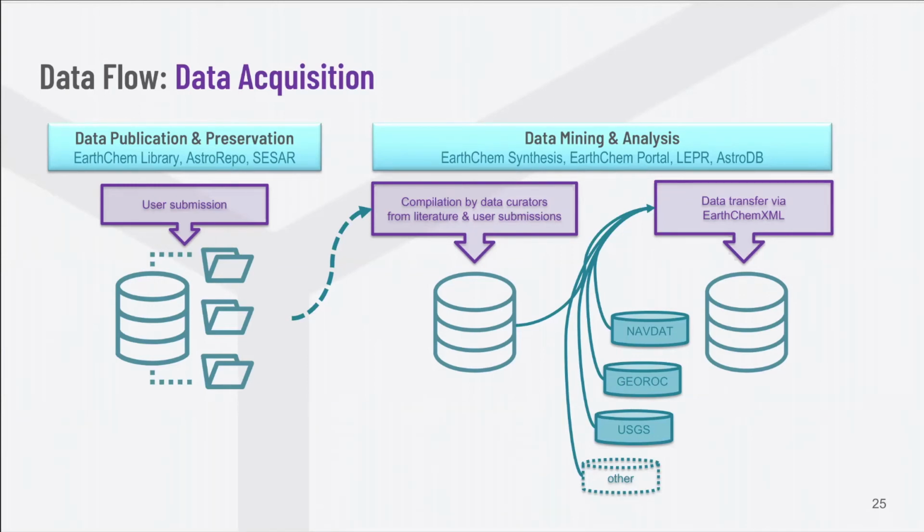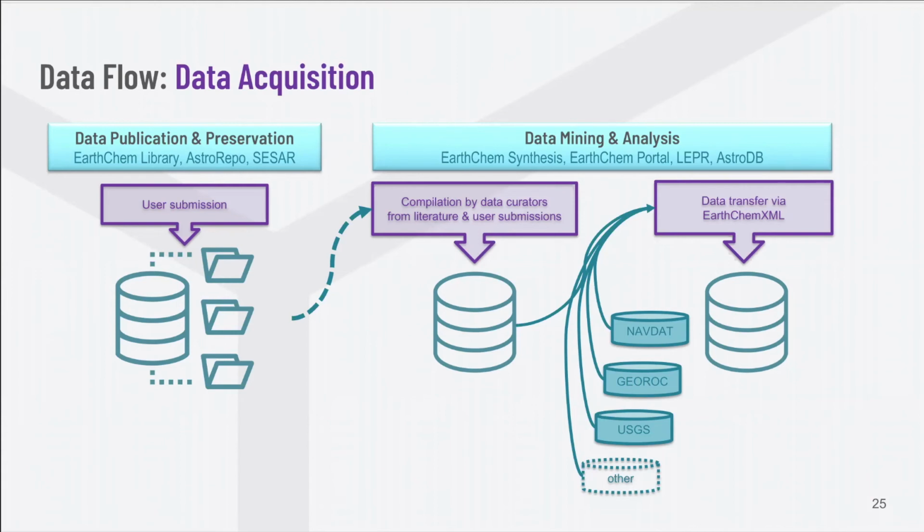Wherever the data are appropriate, we take them into these syntheses like the EarthChem synthesis, the EarthChem portal, the library of experimental phase relations, and the Astro database, where curators take data from the literature and put them into this database, but also, as I said, data sets that were submitted to the repositories and that fit the focus of our syntheses.